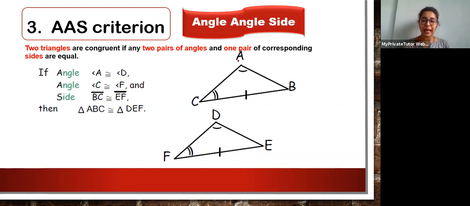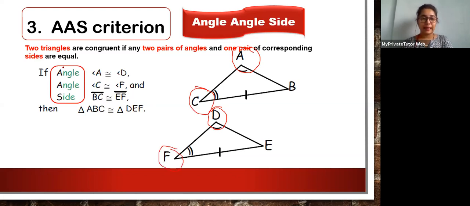So you can see that angle A is congruent to angle D. Next, angle C is congruent to angle F. Now both of these angles are done, correct? Now we need any side.